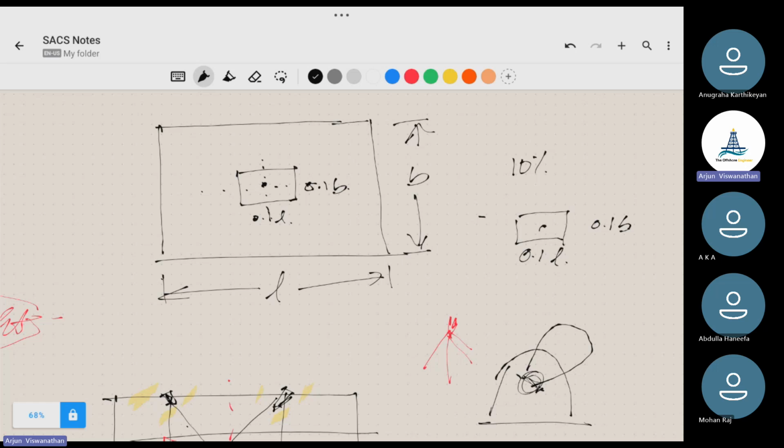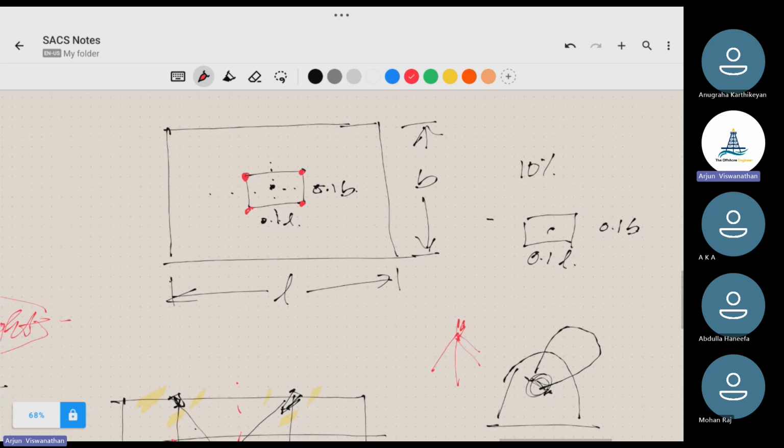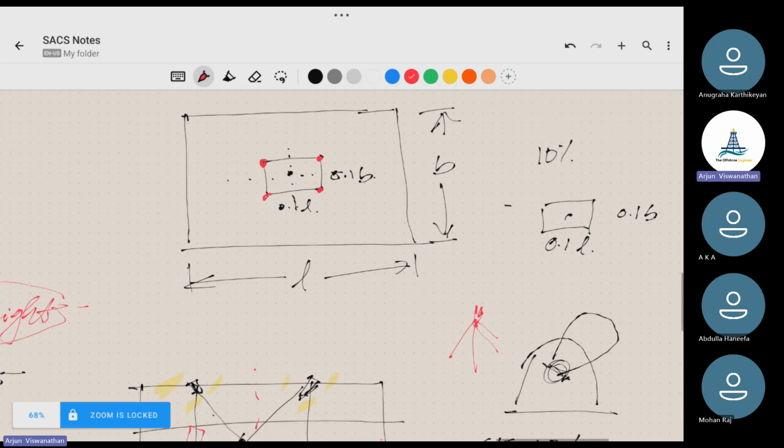In this particular case, we can go for the extreme corners. These extreme corners will be the cases we need to do: 4 cases with hook points coming to these corners. That we will do anyway, but just understand there is something like this COG shift.